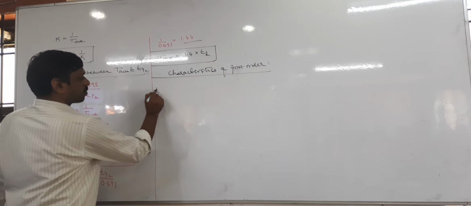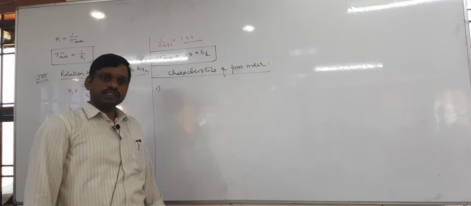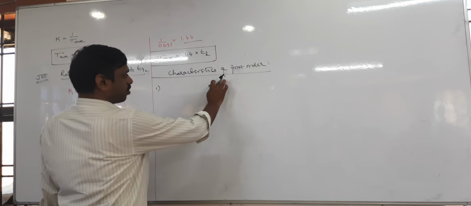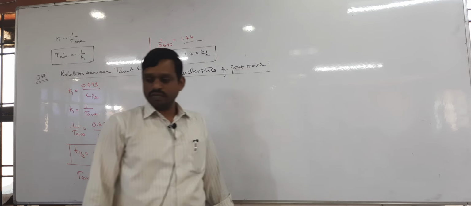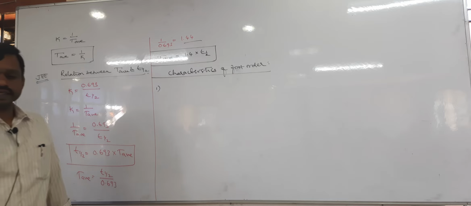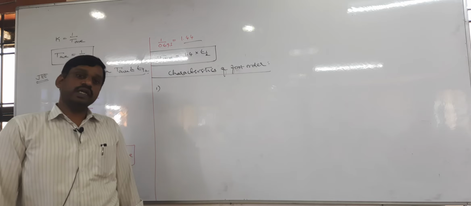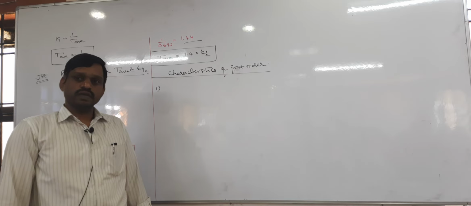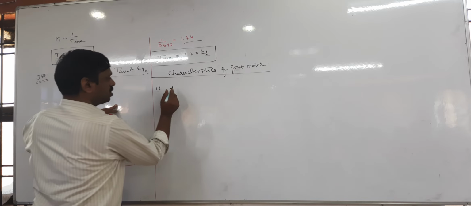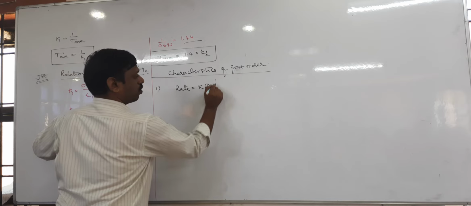First one: the rate of chemical reaction is directly proportional to the first power of the molar concentration of reactant in the experimentally determined rate equation. It means rate equals K into R power 1.